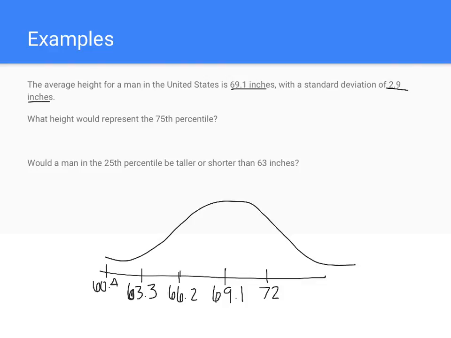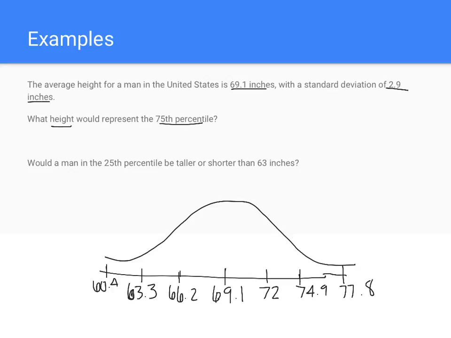And if I go the other way, I get 74.9 and 77.8. Okay, so we want to find the height that would represent the 75th percentile.